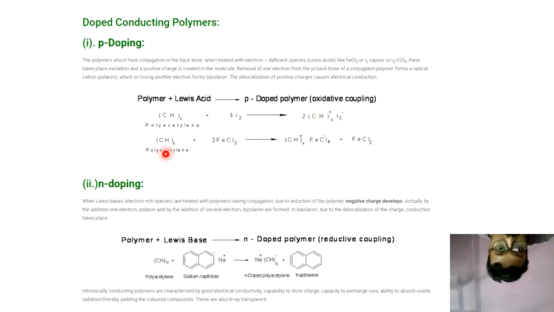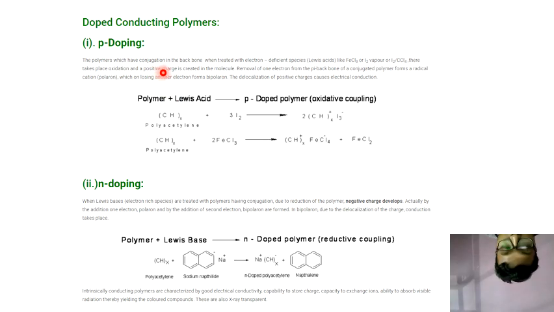Similarly, if we react polyacetylene with FeCl3, electrons will move from polyacetylene to FeCl3, making FeCl4 minus and polyacetylene plus, right? In that way, one hole will be created in the polymer. Since a hole, a positive charge, is created, it is called p doping.